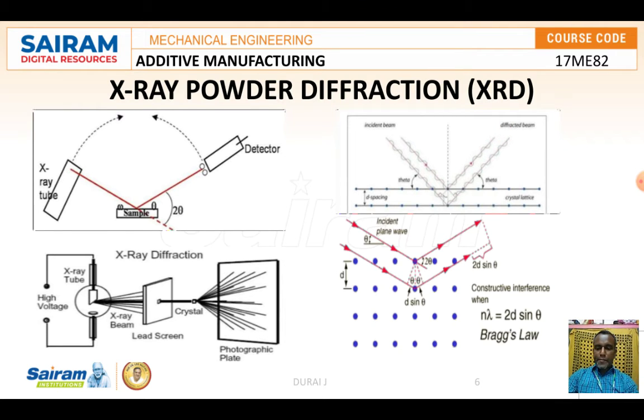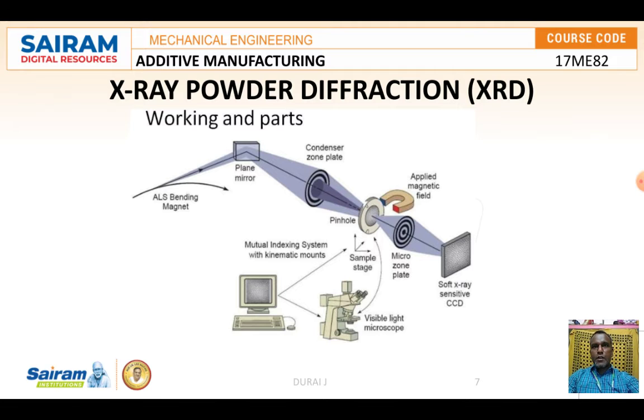Then comes the principle of working of X-ray powder diffraction. It is based on the constructive interference of monochromatic X-rays with a crystalline sample. These X-rays are generated by the cathode ray tube, filtered to produce monochromatic radiation, and collimated and directed towards the sample.